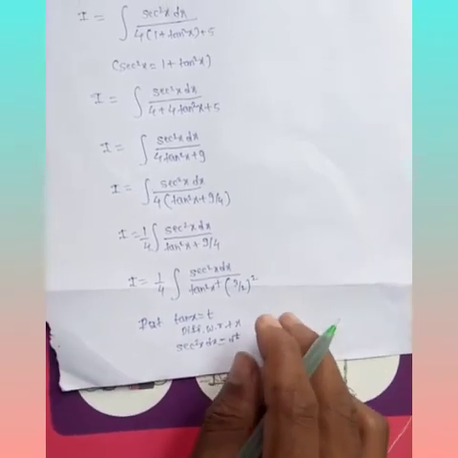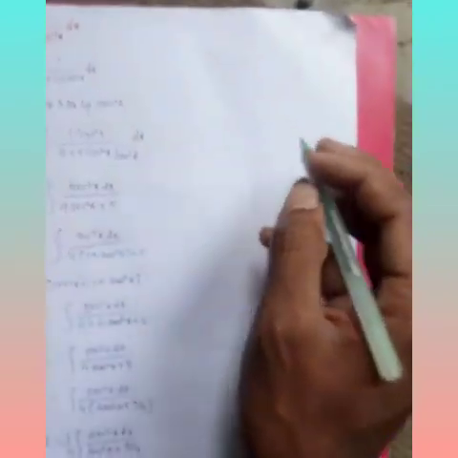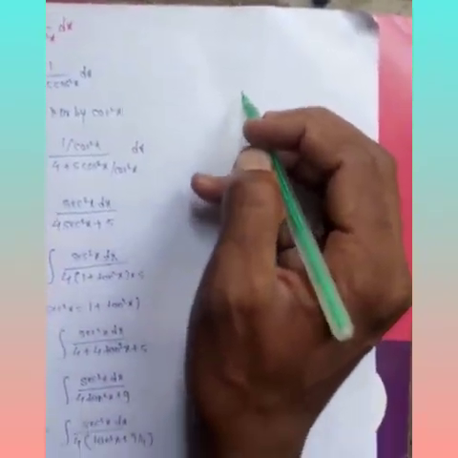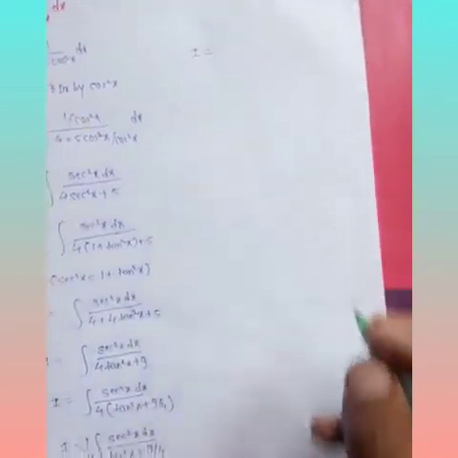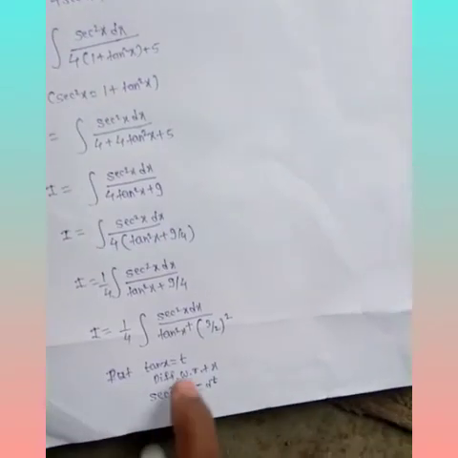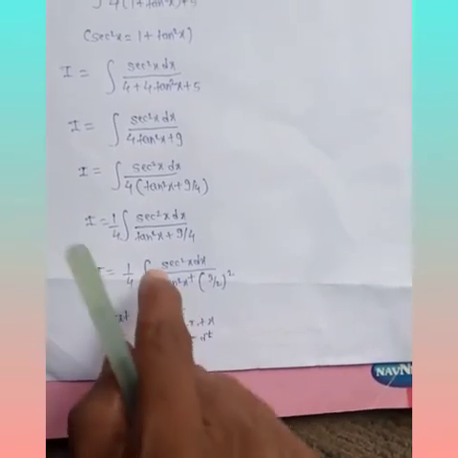Now further steps we will write here. So I is equal to, we will put the values that we get after putting tan x equal to t in our given integration.